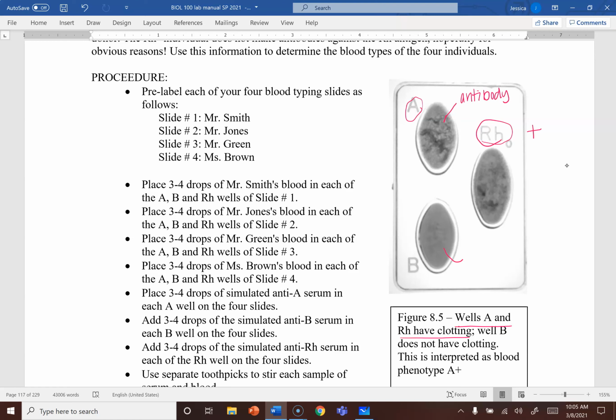If there's no reaction on the RH, that means that you are RH negative. So you'll look at each of these, decide or look to see what has been added. If you add anti-A and you have a reaction, then you have type A blood. If you add anti-B and you have a reaction, you are type B blood.